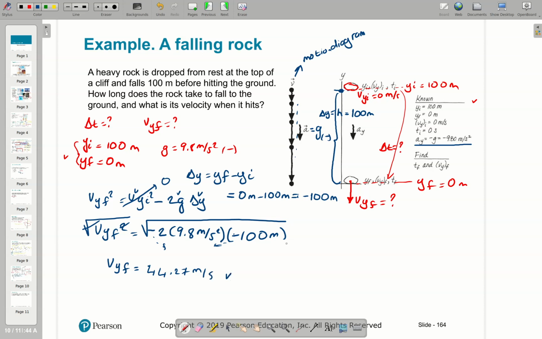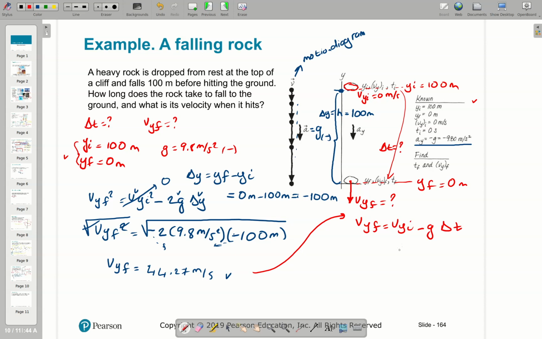So now I find this. I'm going to use red here. And I can use this to find delta t: Vy final is equal to Vy initial minus g delta t. And I'm going to solve for delta t.